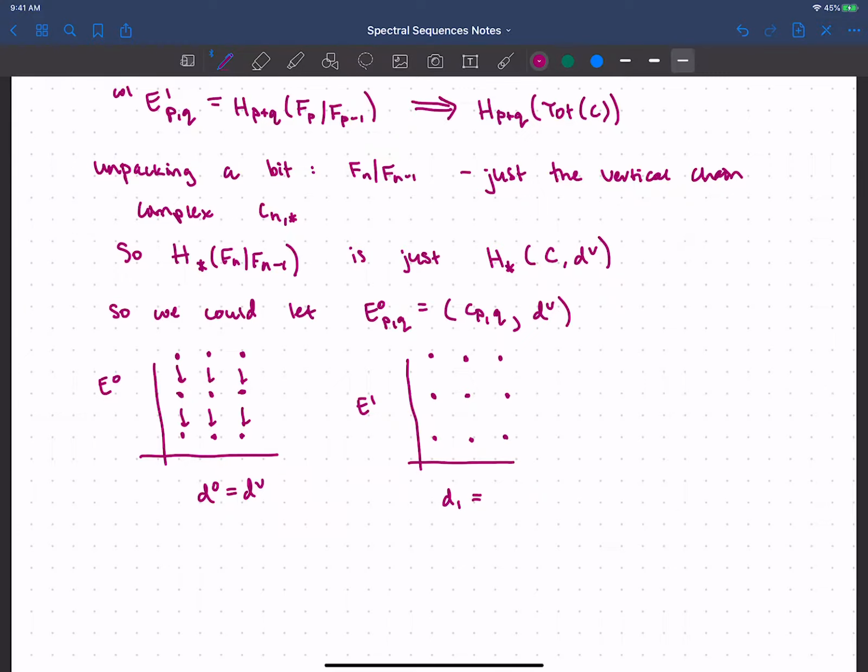Only the horizontal. So I'm going to say it equals d_H. Of course, really I've taken homology, so it's not exactly the same. These aren't even the same groups, but I think it's almost clear from the picture that all we're left with is this horizontal differential. If you actually start chasing that through the diagrams, you can verify that, but it's a bit of a messy chase, so I'll leave that as an exercise if you're interested.